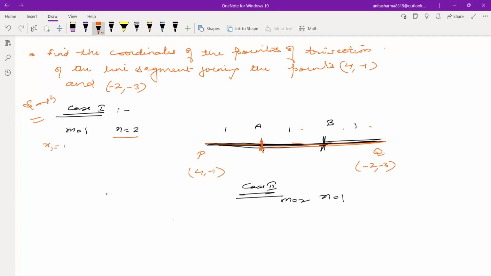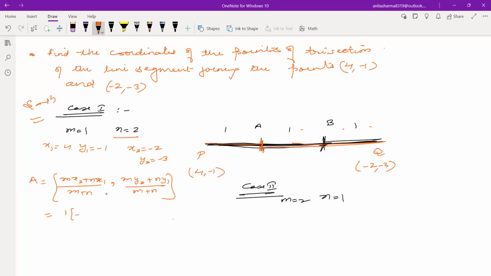So now x1 is 4, y1 is minus 1, and x2 is minus 2, and y2 is minus 3. Fine. So now the coordinate of A will be (mx2 plus nx1) upon (m plus n), comma, (my2 plus ny1) upon (m plus n).